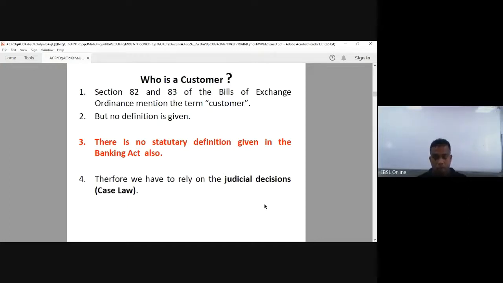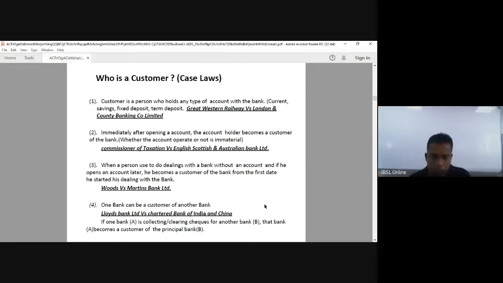So to understand who is a customer, we have to rely on judgments and study them. That's what we are going to do now. We're going to discuss some very important judgments with regard to the question, who is a customer of the bank.